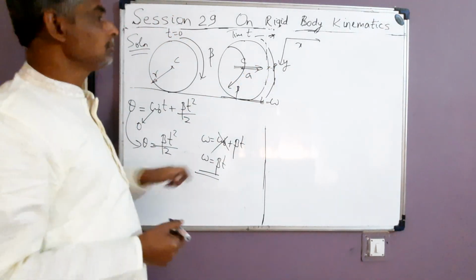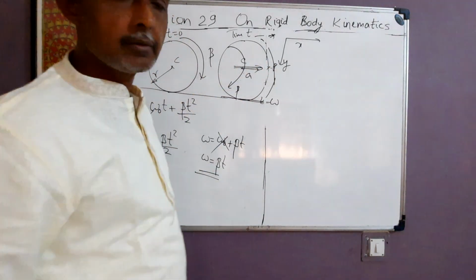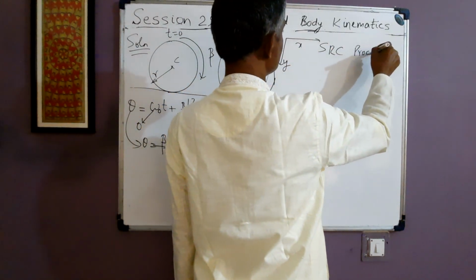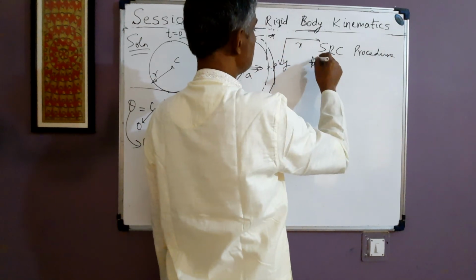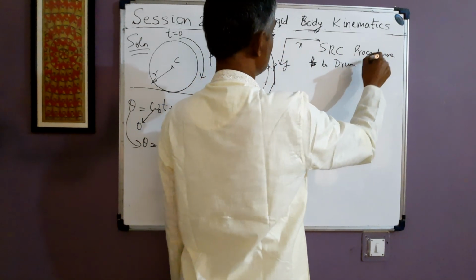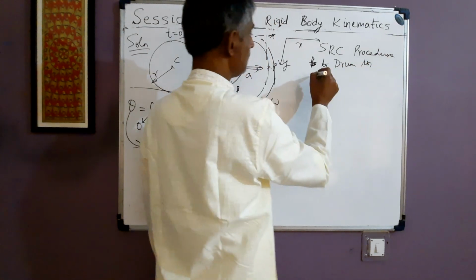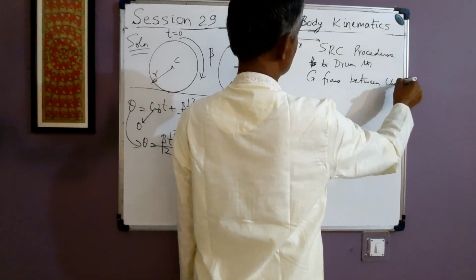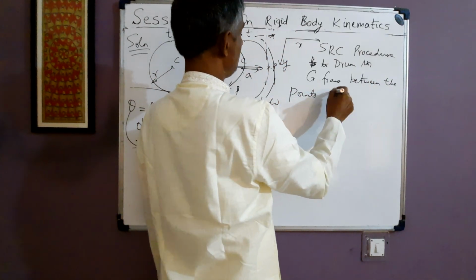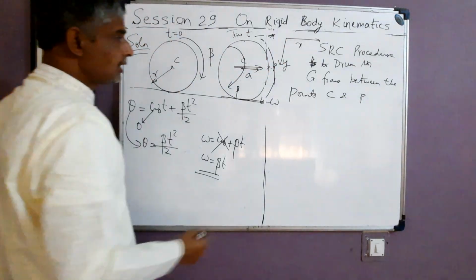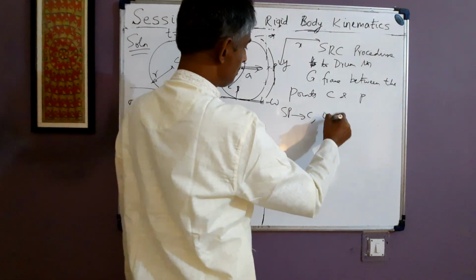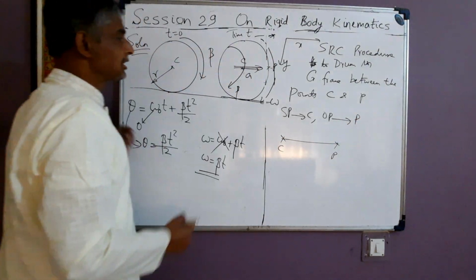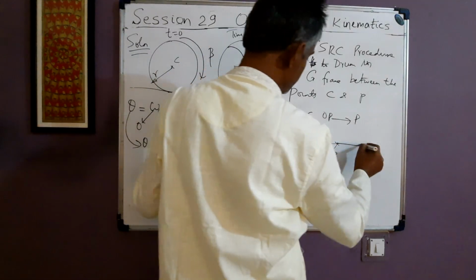Now I apply the SRC procedure of acceleration to C and P in the ground frame, G meaning ground frame, between the points C and P. So SP arrow C, OP arrow P. I draw the line joining C and P. I give the acceleration of the selected point C to the other point P, that is a rightward.